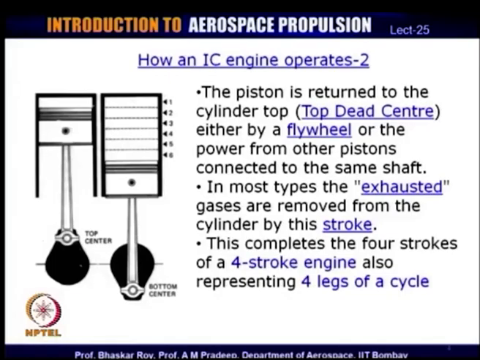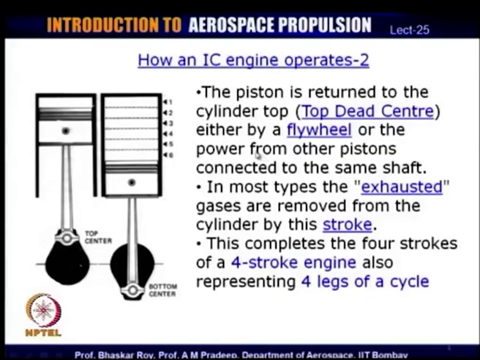So, same thing here. Typically these IC engines have 4 strokes, and these are often called 4 stroke engines, and only one of the strokes is power creating. Now, how does the motion of the piston get sustained over the other 3 strokes?